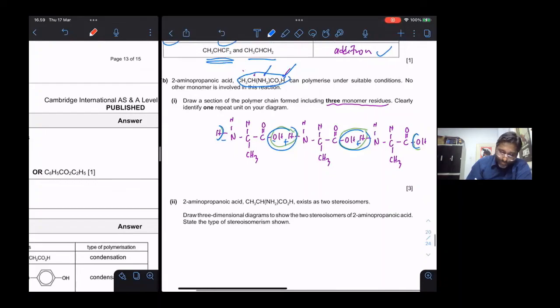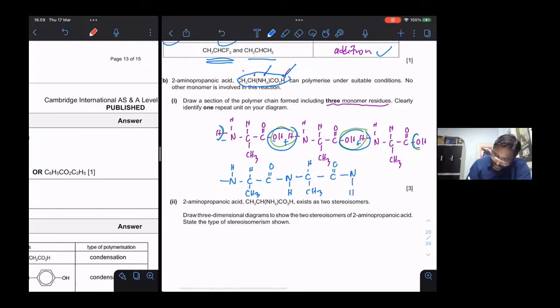You can actually show, okay, when I write down is nitrogen H, okay, then carbon H, CH3, C double bond O. And just to show, you just bring the H over here, H, CH3, C double bond O. Just to show, bring the H over here, and then C, H, CH3, C double bond O, like this.